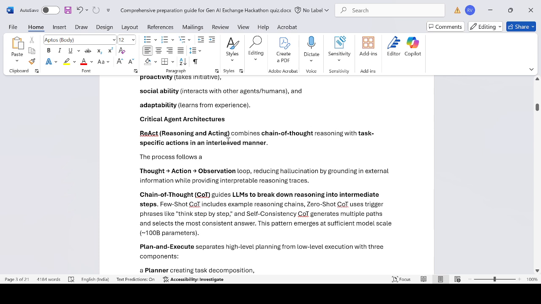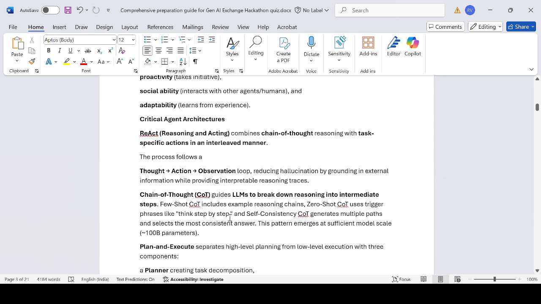It follows a thought, action, observation loop, which reduces hallucination and provides grounding. So these are the key ReAct characteristics in the architecture.